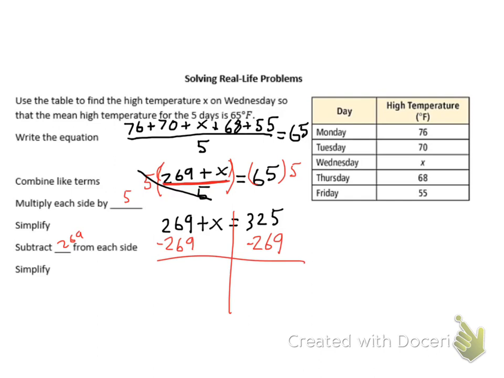As I do that, 269 minus 269 is a 0. There we've got our x. I'm probably not going to do that in my head, so I'm just going to give myself a little time to write that out. So 56. High temperature on Wednesday was 56 degrees, and that's what gave us the mean high temperature of 65.